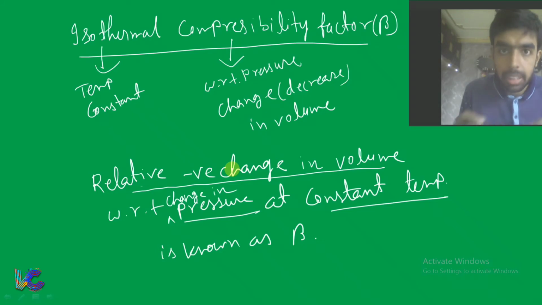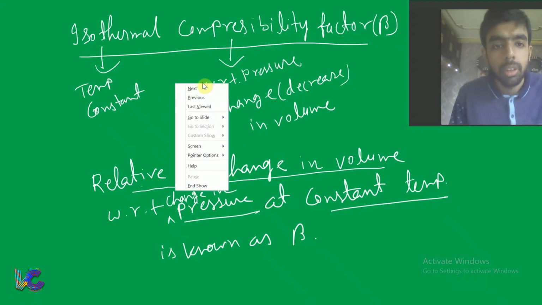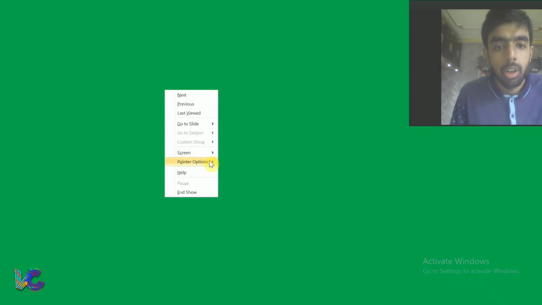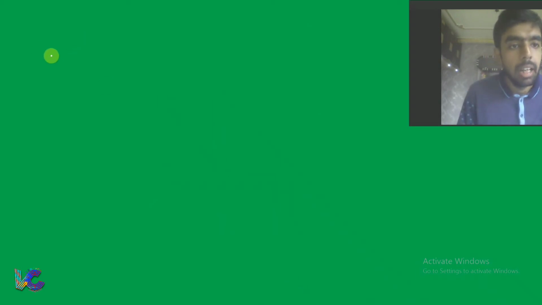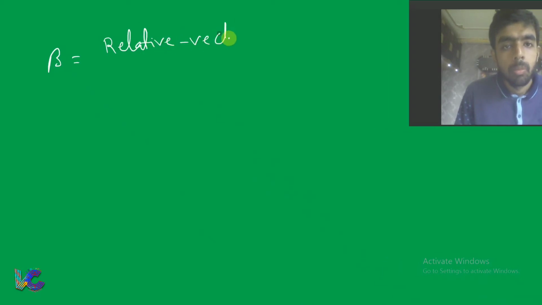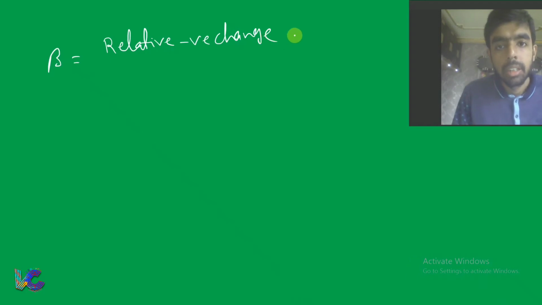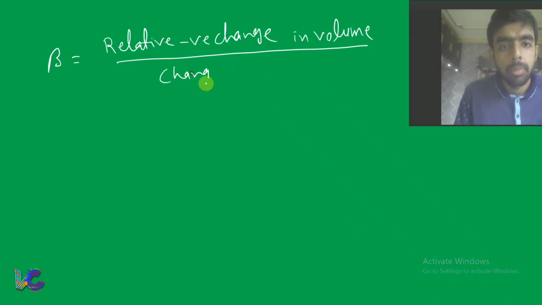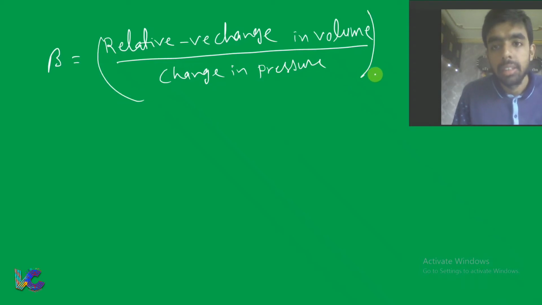So what will be the mathematical expression of beta? Beta I am writing as the relative negative change in volume divided by the change in pressure. This is at constant temperature, isothermal condition.